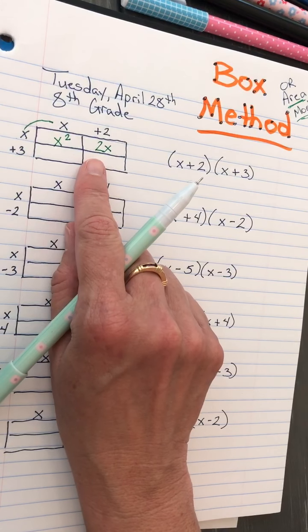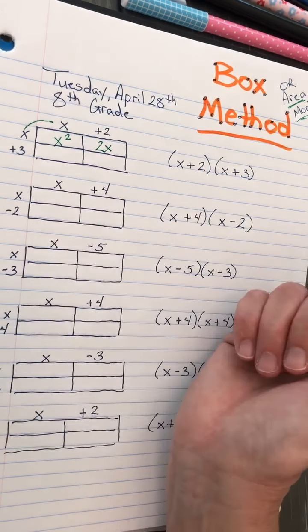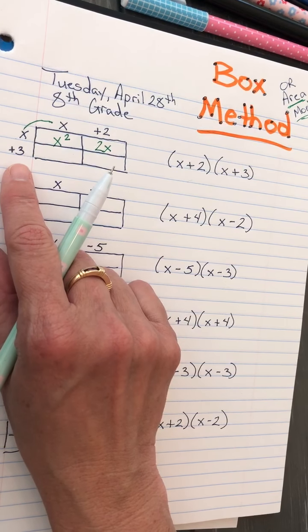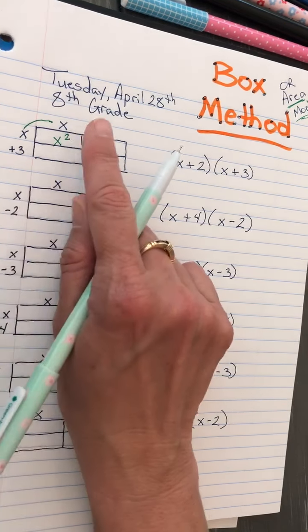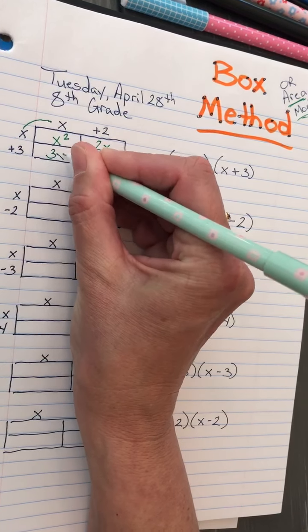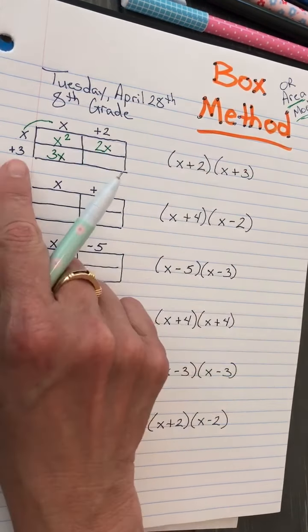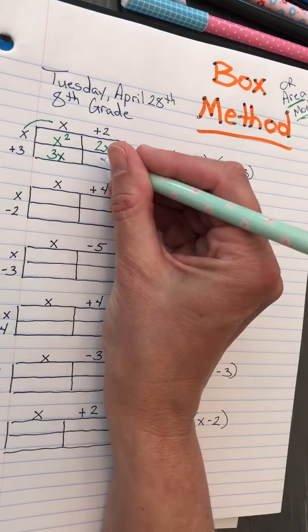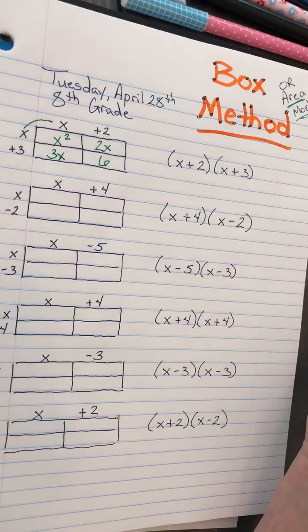Remember, the coefficient goes first, so that would be 2x. So we're finished with the x. Now I'm going to come down to the 3. Plus 3 times x would be 3x. And then a plus 3 times a plus 2 would give us a positive 6.